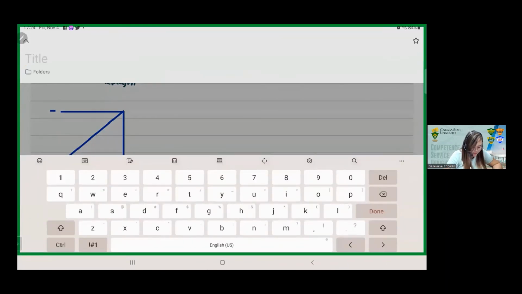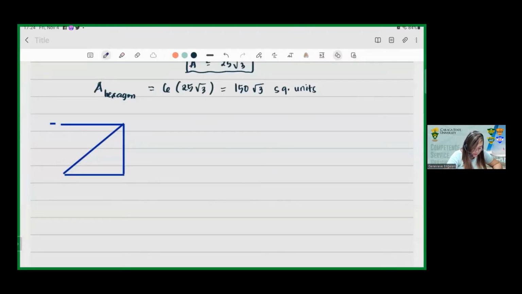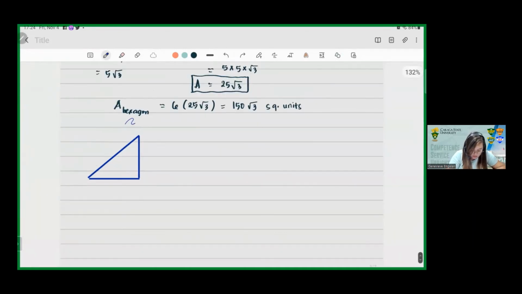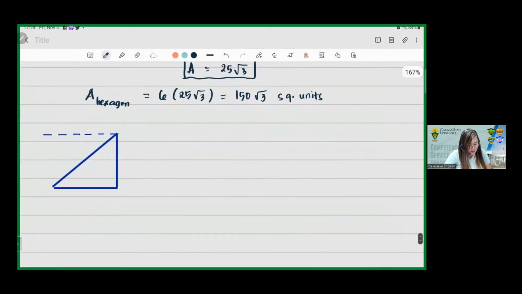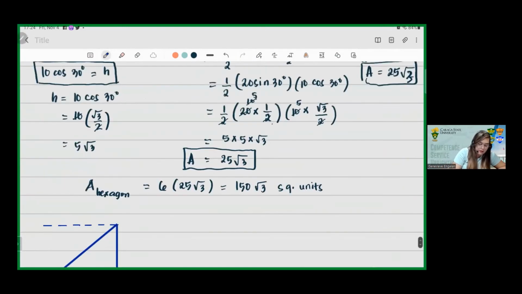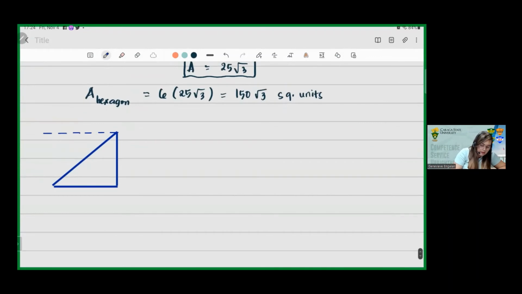Kinda wrong. Okay. So if this is, ay, lagot ba?